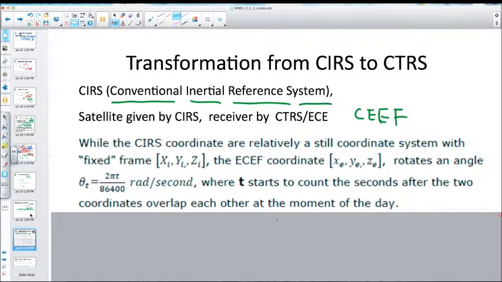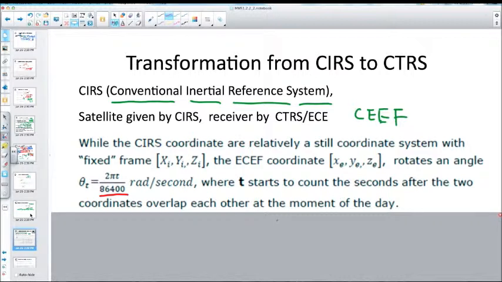What's the difference? Well, the difference, of course, is the Earth rotates 1 revolution per day. And then you can figure out how many seconds a day has. If you use a calculator or Google, you find one day has 86,400 seconds.